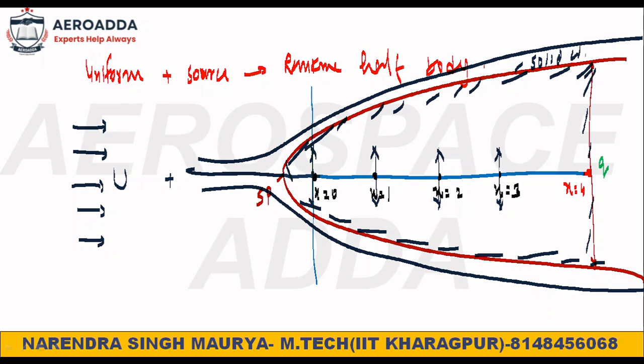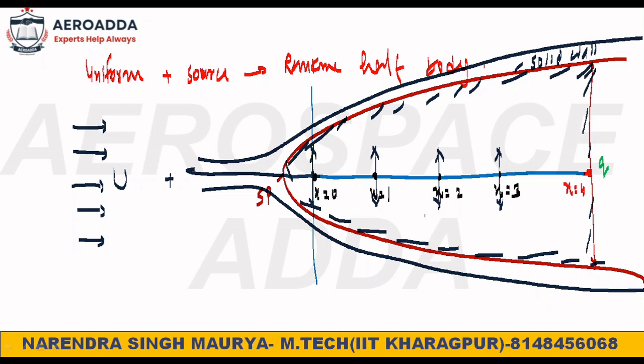I have explained this in the Rankine half body also, but in the Rankine half body only one source was there, whereas here we have multiple sources. So if you go through it, outside flow will not go inside and inside flow will not go outside.